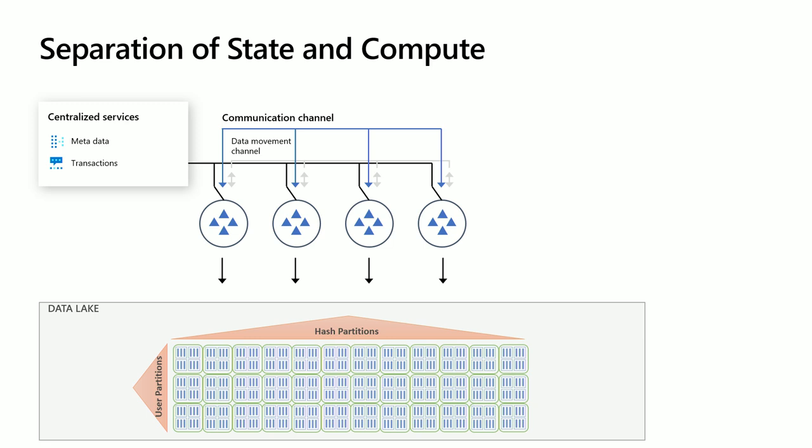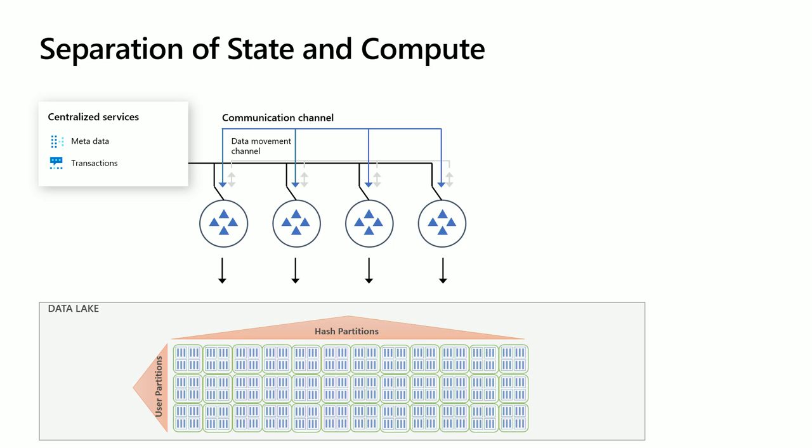By state, we separate it in 3 dimensions. We have data, which we already said we separate storage from compute through the data lake and the definition of data cells. And then we have 2 other forms of state, which are transactions and metadata, or transactional logs and metadata. And these are also separated from the compute through centralized services that communicate with the distributed query processor and the underlying fleet of compute nodes.